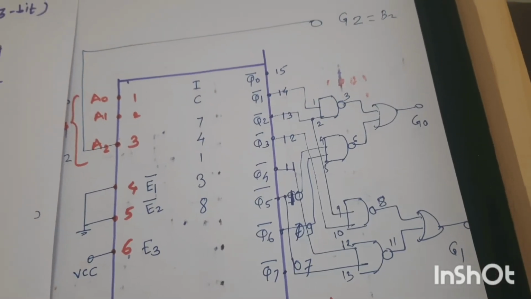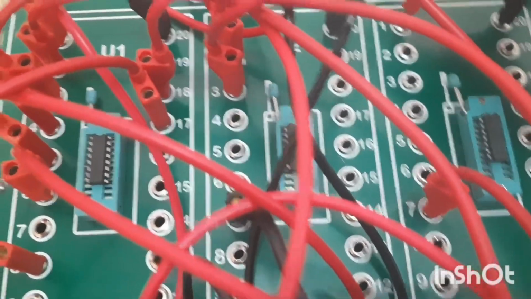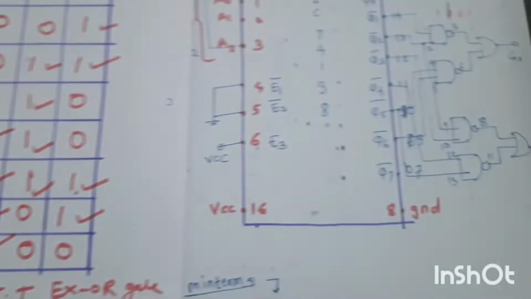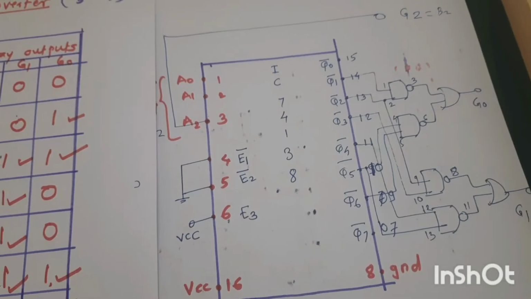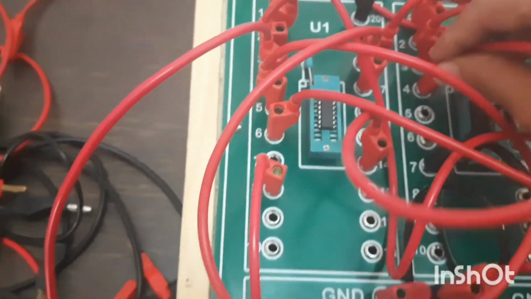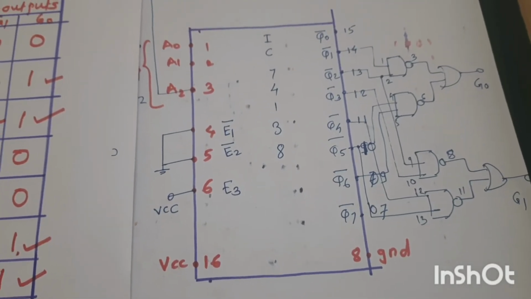Then the output of the first NAND gate is an input to the OR gate. So pin number 3, the first NAND gate output, is connected to the OR gate IC, the third one, pin number 1. Now the second NAND gate: pin number 10 connects to 4, and pin number 9 connects to 5.